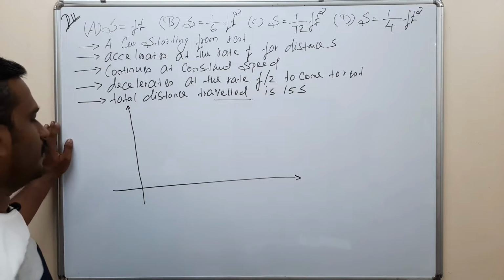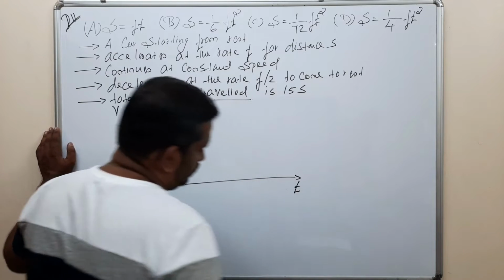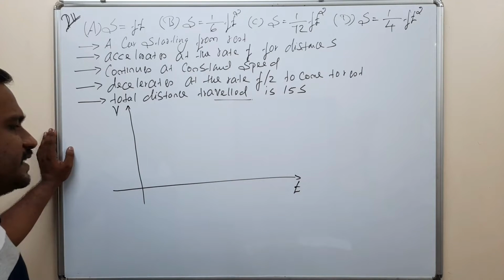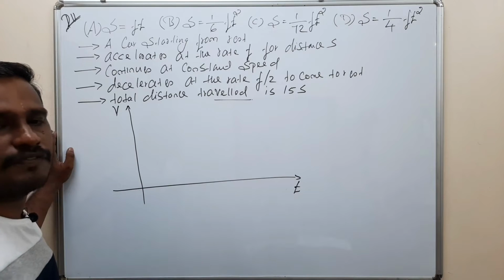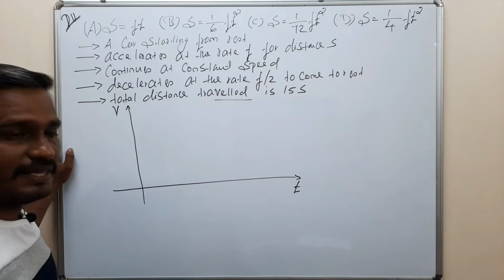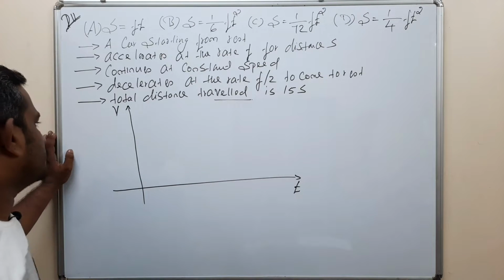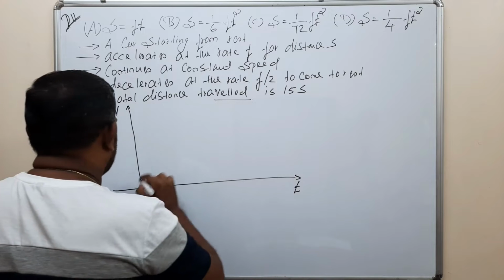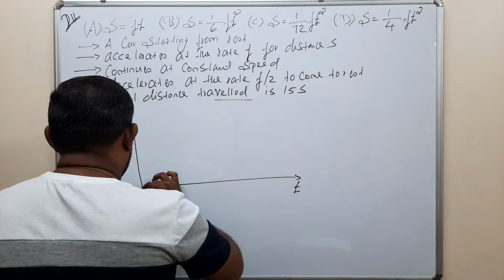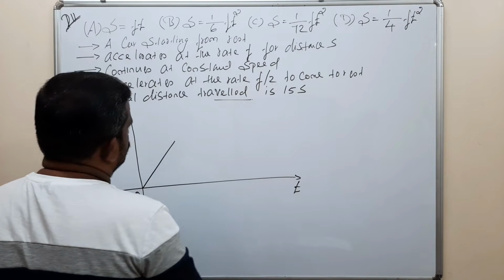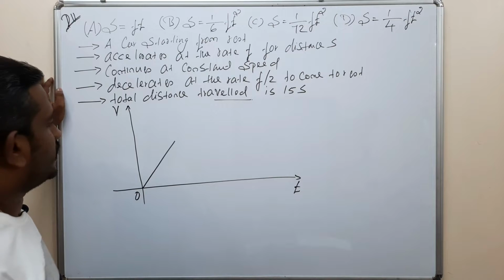This is a velocity time graph. We know that the slope of the velocity time graph gives the acceleration, and the area under the velocity time graph gives the displacement. The car starts from rest and moves with the constant acceleration f for a distance s.